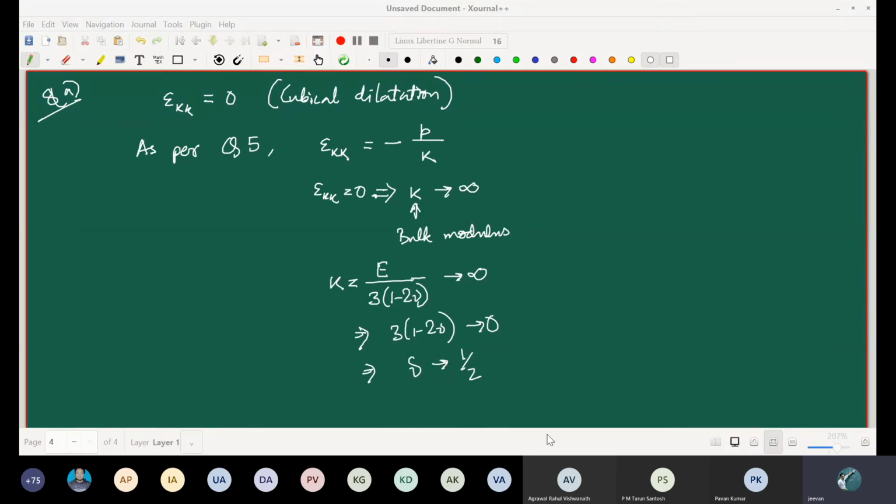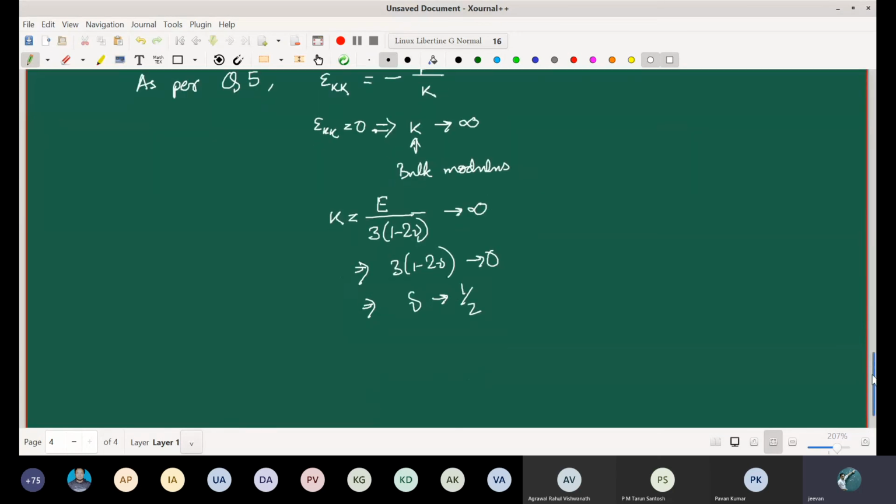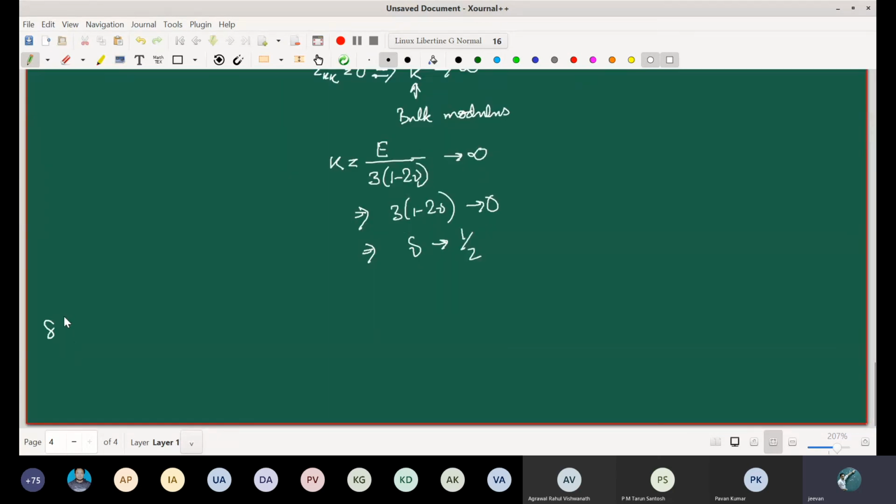So for 8b, let's say we are considering first lambda, that is e nu divided by 1 plus nu into 1 minus twice nu. So if nu is tending to half, what does that imply?